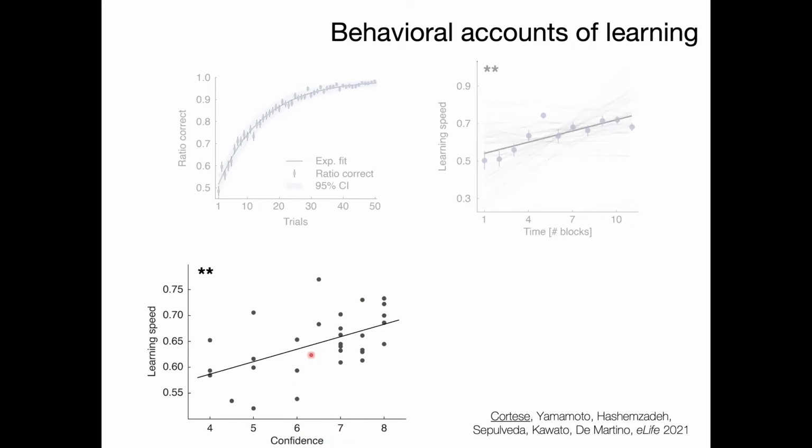And we can see a sort of expected, but very nice, association between the participants who were more confident and the participants who were able to learn the blocks quicker. So they had better learning speed in terms of learning the rules on each block.